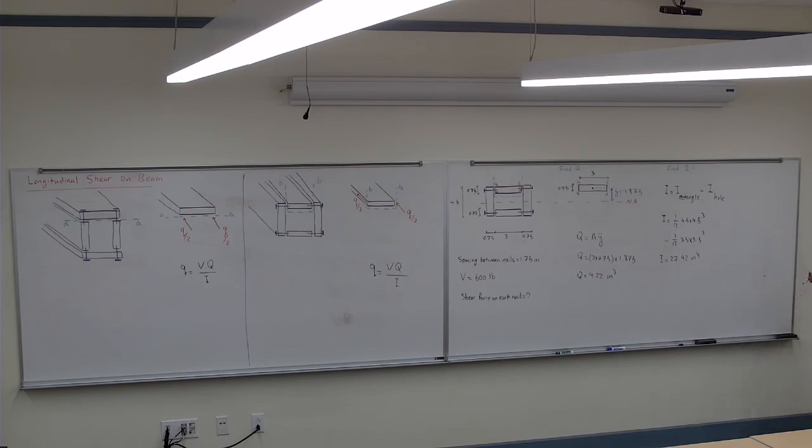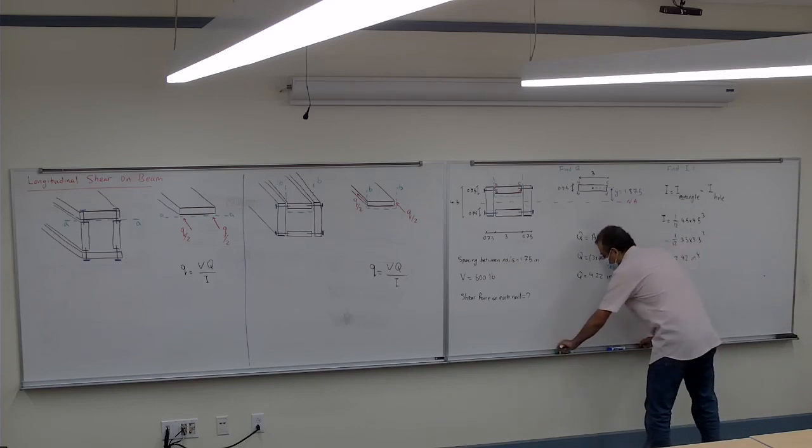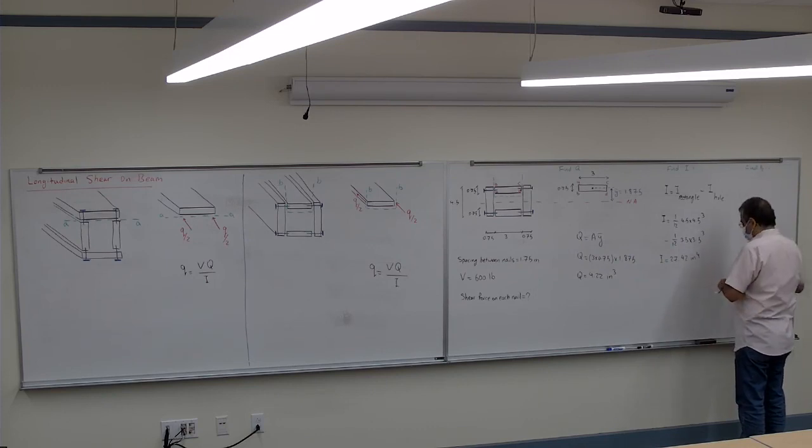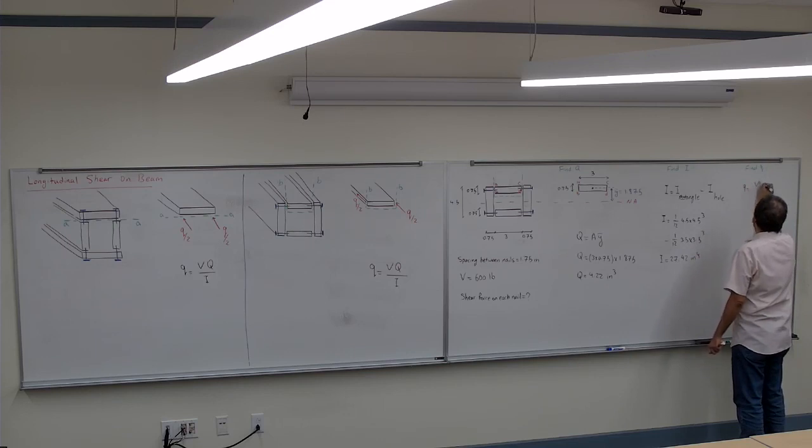Now that I have the I, I can go ahead and calculate the force. So we'll find q. q is VQ divided by I. So V is 600, times Q, which is 4.22, divided by I, which is 27.42.